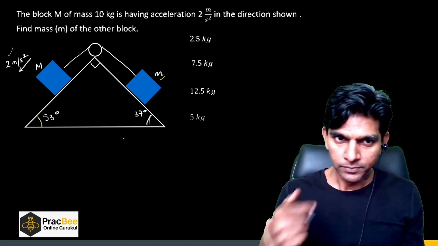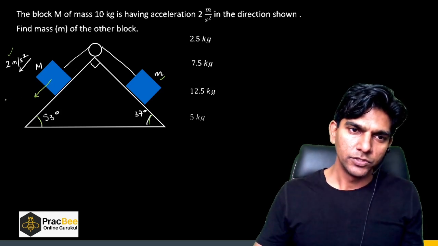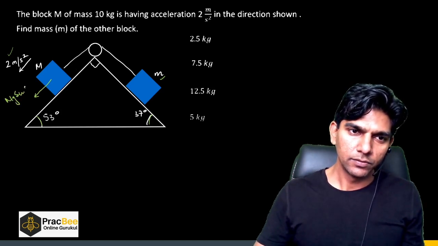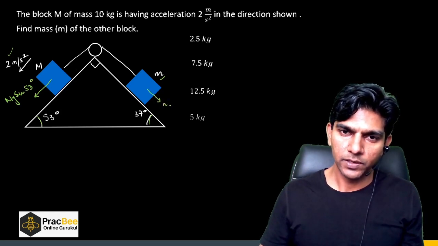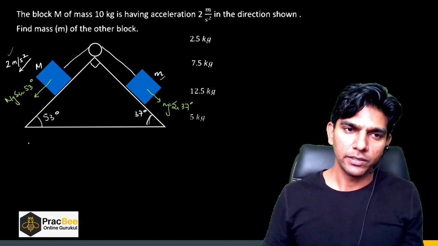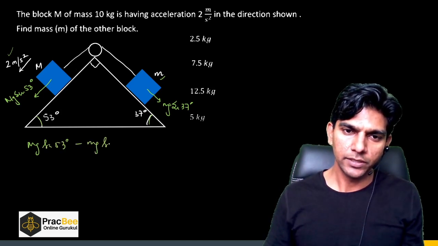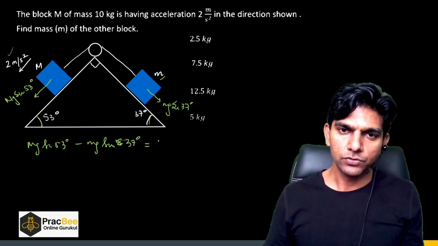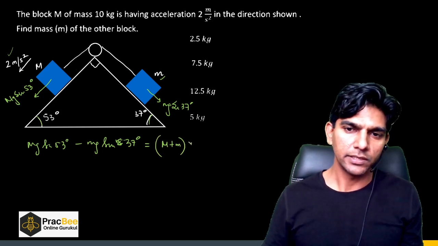So what we can do, there is a force which is Mg sine 53 degree down the incline, and there is a force on small m which is mg sine 37 degree down the incline. So the net pulling force in this case will be Mg sine 53 degree minus small mg sine 37 degree, and that should be equal to mass of this system, that will be M plus small m times the acceleration, that is given as 2.